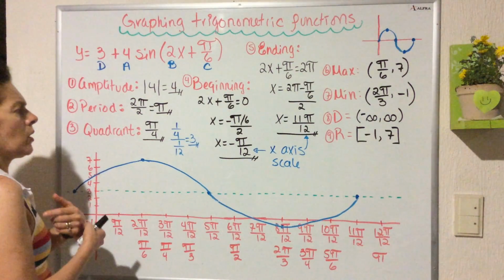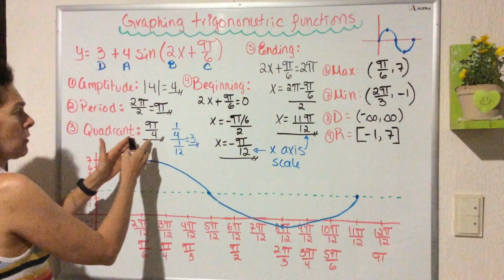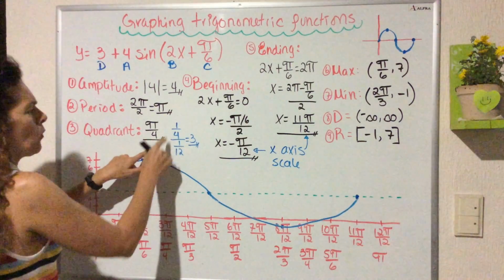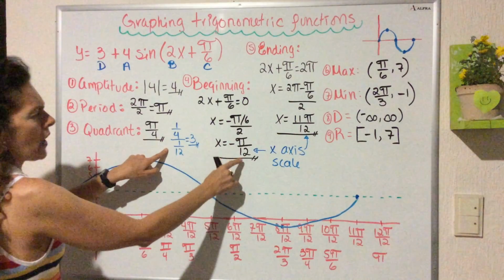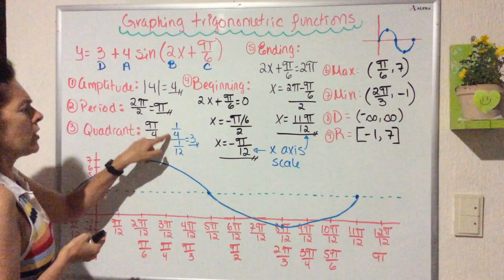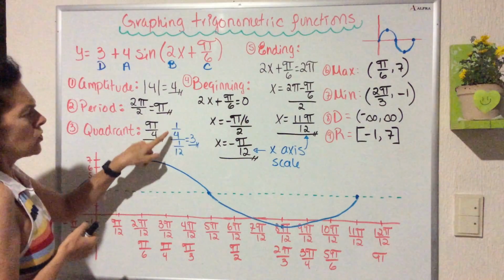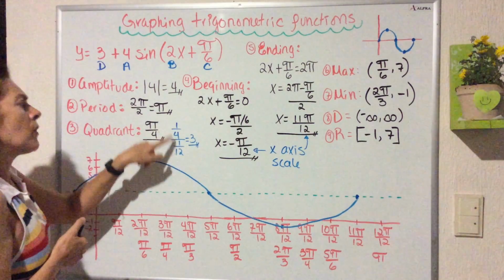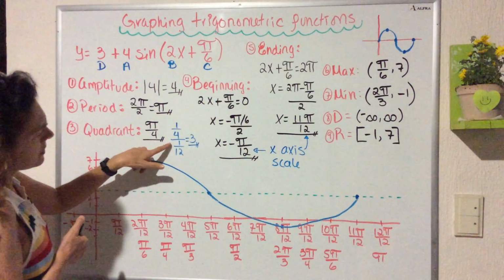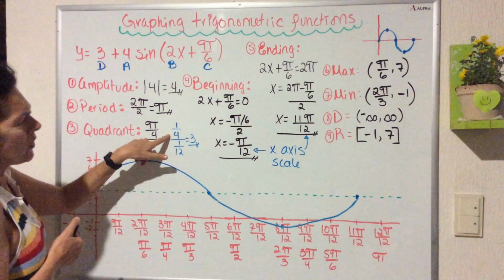In order to move 1/4, because the 1/4 is the size of each quadrant, we are going to divide 1/4 by 1/12. Because which is smaller, dear students, 1/4 or 1/12? So 1/12 is smaller than 1/4.